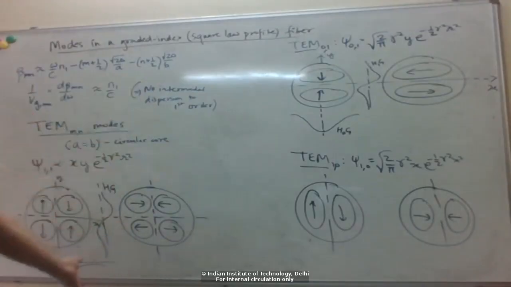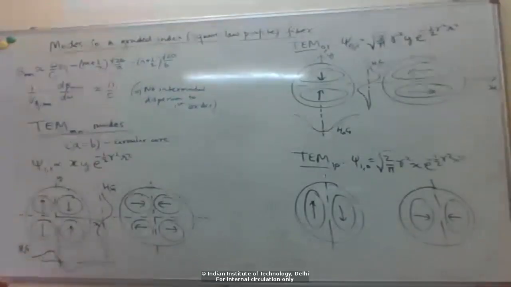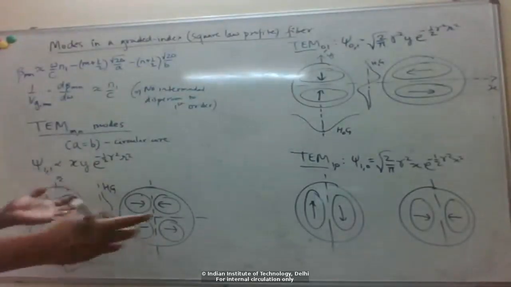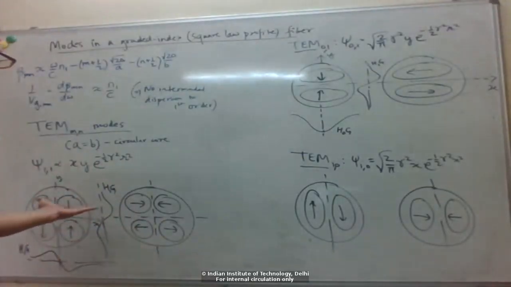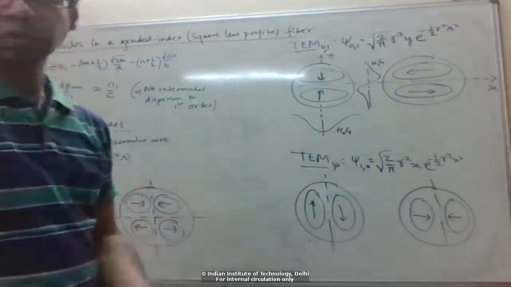Just like we did for the LP modes in the step index. So we can do the same thing here, and we'll get LP modes for the graded index when we solve in the cylindrical coordinates. So we'll do that next time. So we'll solve for the LP modes in the graded index, and we'll see. Of course, both are equivalent, right? You can solve in Cartesian or cylindrical. So you could have these modes or those modes, right?